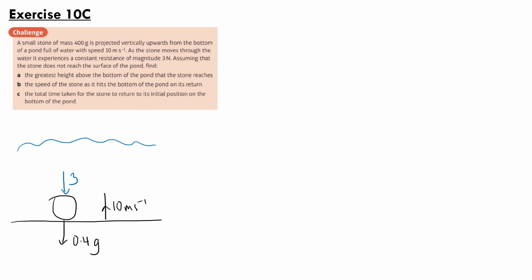Okay, so we can use SUVAT to find the greatest height above the bottom of the pond. So we know that the initial velocity is 10, and as the stone is projected upwards, at its greatest height, its velocity will be 0.